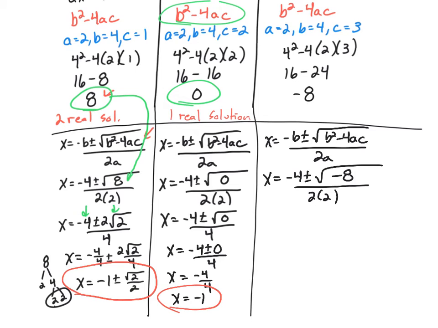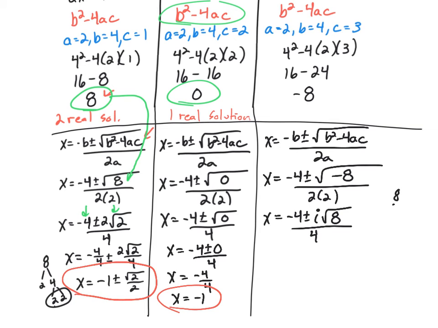So we start simplifying from there. And now I have to deal with this negative square root. So the first thing I'm going to do, I'm going to leave the negative 4 plus or minus. I'm going to factor out the i, square root of 8. So I factor out the square root of negative 1, which was the i, and it becomes a positive 8, all over 2 times 2 is 4.